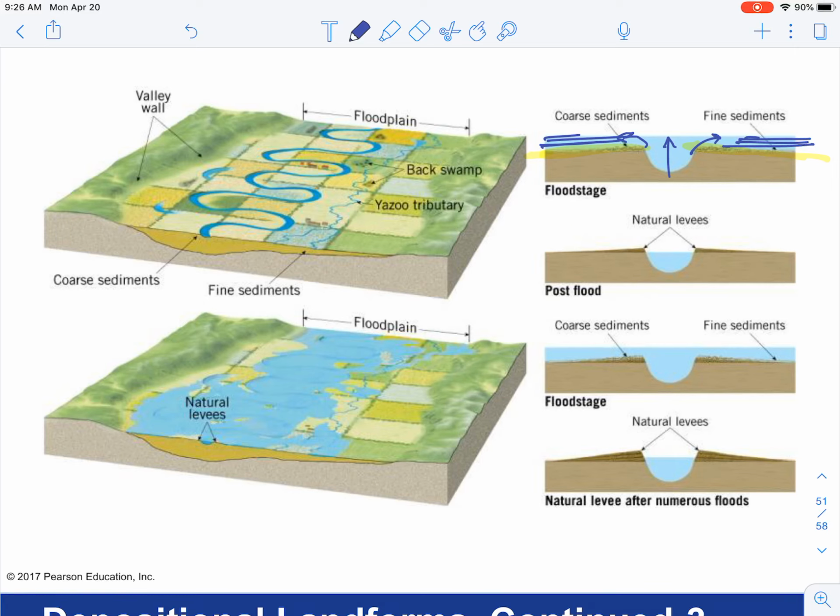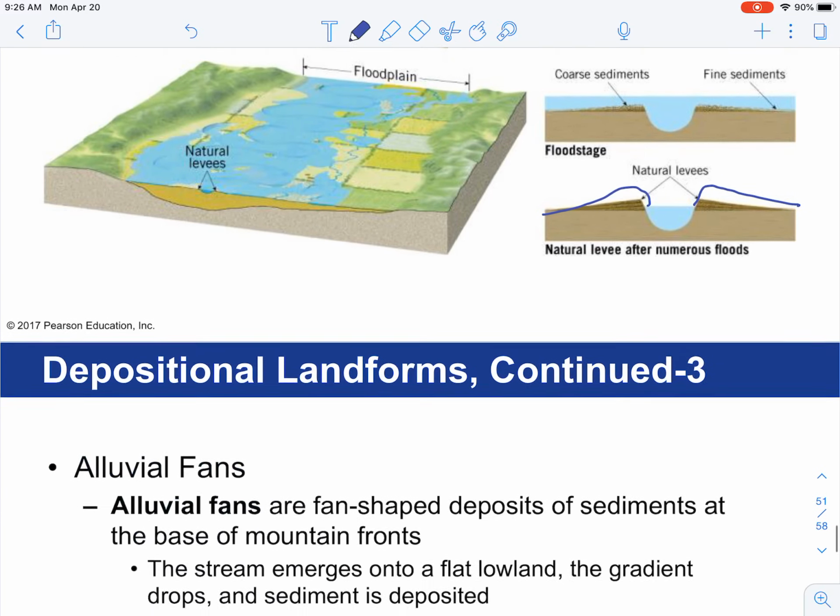So that would be the floodplain, right? Natural levees are sediment deposits that create little ridges that prevent some of that flooding. Unnatural levees are human-made, and they're built to even higher levels to prevent flooding, right?